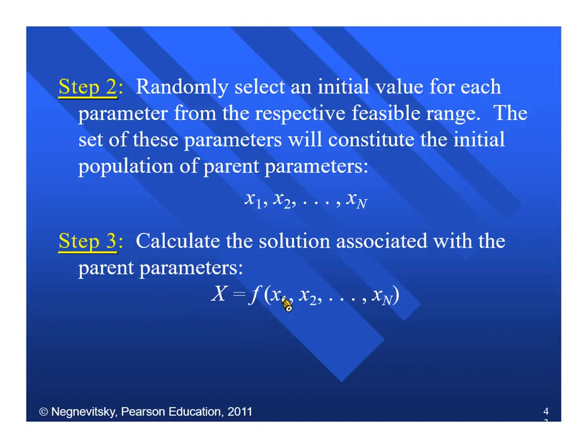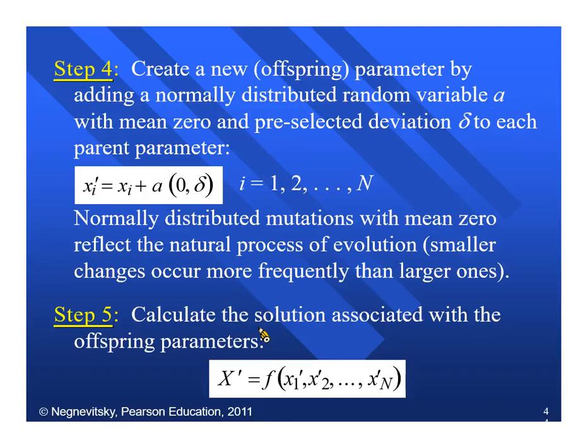Then big S equals F, and we apply the randomly selected values to these parameters to find the S value. Create a new offspring parameter by adding a normally distributed random variable a, with a mean 0 and a prescribed standard deviation theta, to each parent parameter.